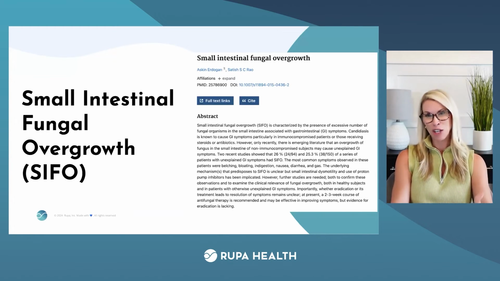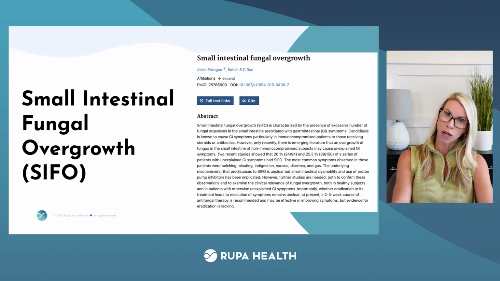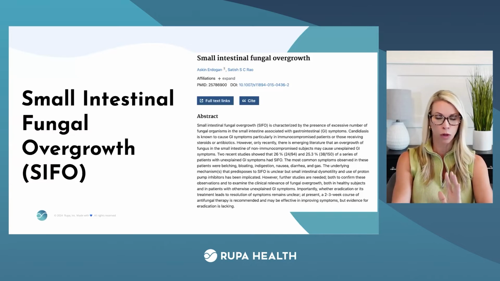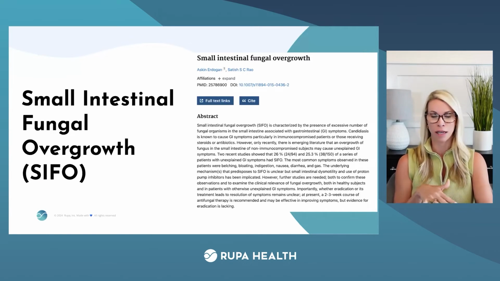The other thing this study references is chronic proton pump inhibitor use. When we're using PPIs and creating this lower acid environment, when we have hypochlorhydria, that creates the right environment for things to get overgrown.